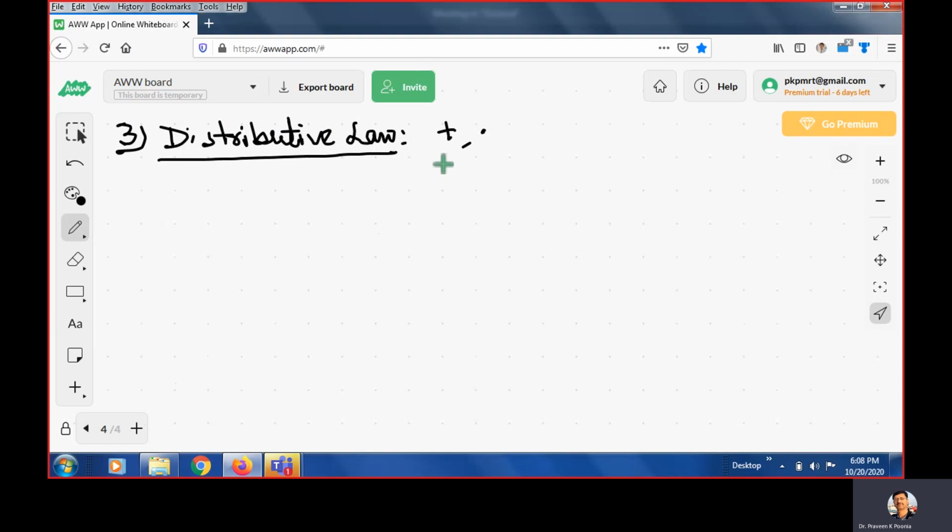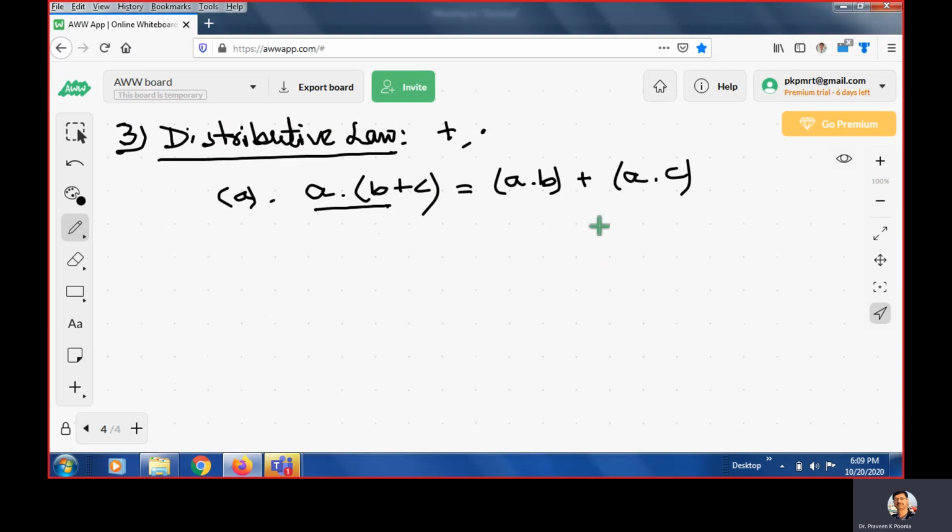Distribute, we are operating. Clear? So first we'll study A times (B plus C). So what will be the answer here? This is A times B, then plus A times C. Clear? This is one law.